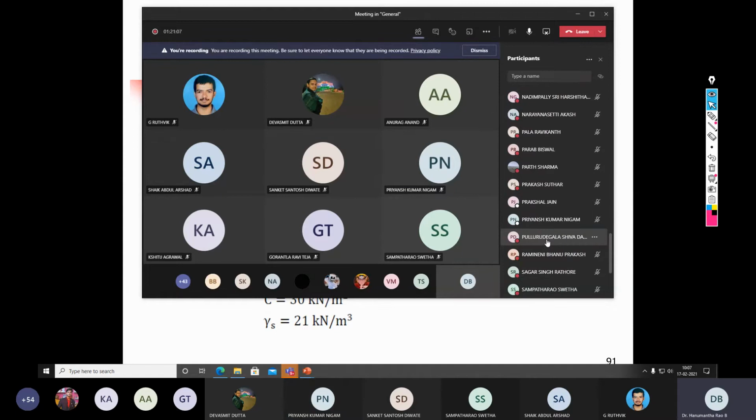Parab Biswal. So logged in and went away. Pala Ravikant. Narayan Shetty Akash. So logged in and roaming somewhere.